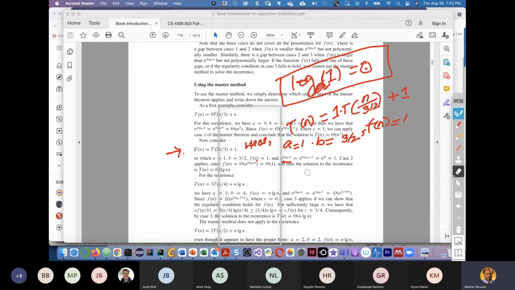According to case 2, our result will be Tn equal to theta of n to the power log of a with base b, which is 1, into log n, equal to theta of log n.